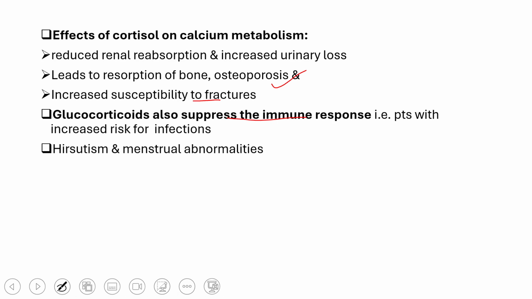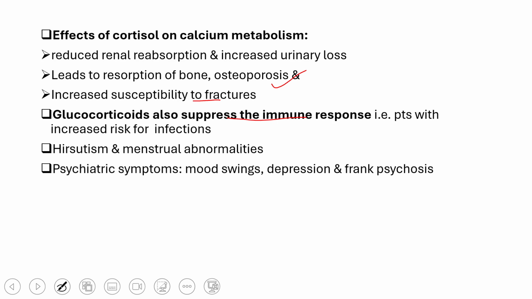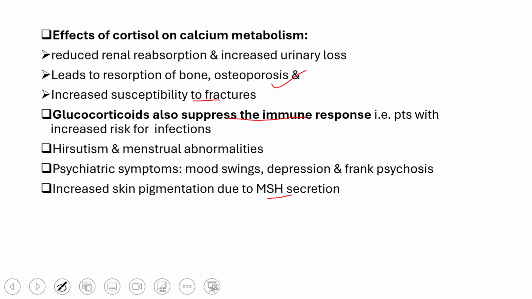And hirsutism and menstrual abnormalities can also be seen in females, and psychiatric symptoms like mood swings, depression, and frank psychosis can be seen, and increased skin pigmentation due to melanocyte stimulating hormone secretion, because ACTH and MSH both have the same precursor, and due to increased ACTH secretion, MSH production will also be more, and that results in increased skin pigmentation.